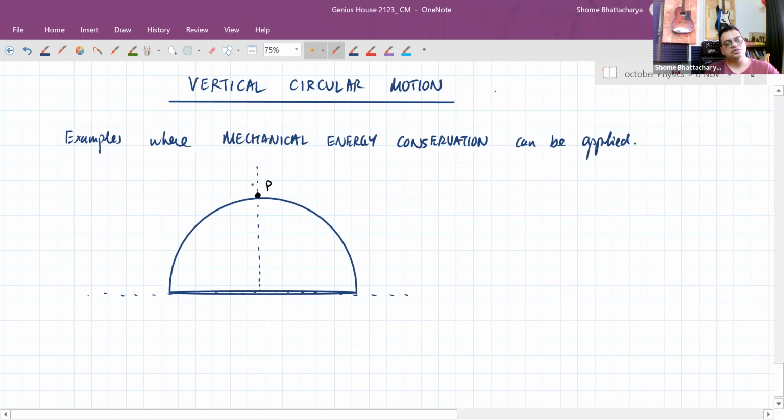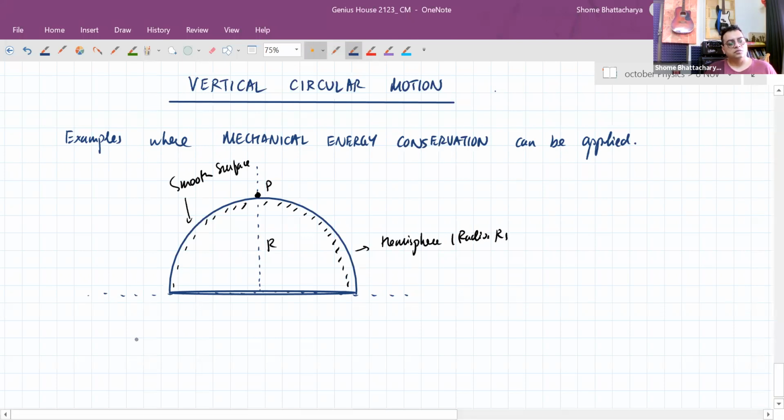So a particle placed over here, the smooth surface. So it's a hemispherical surface, radius r.